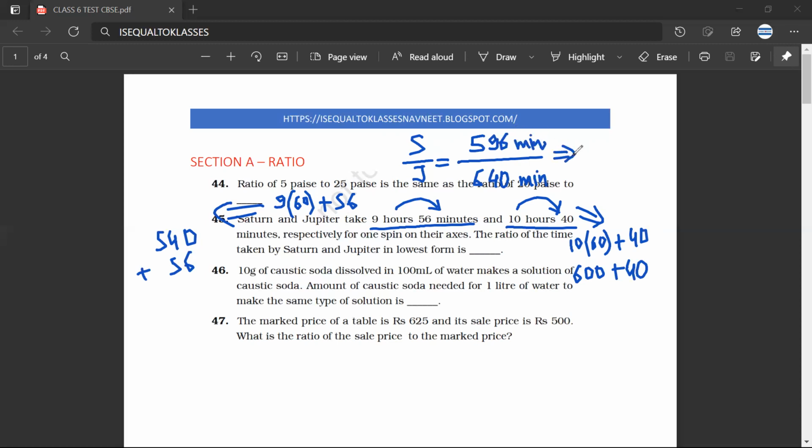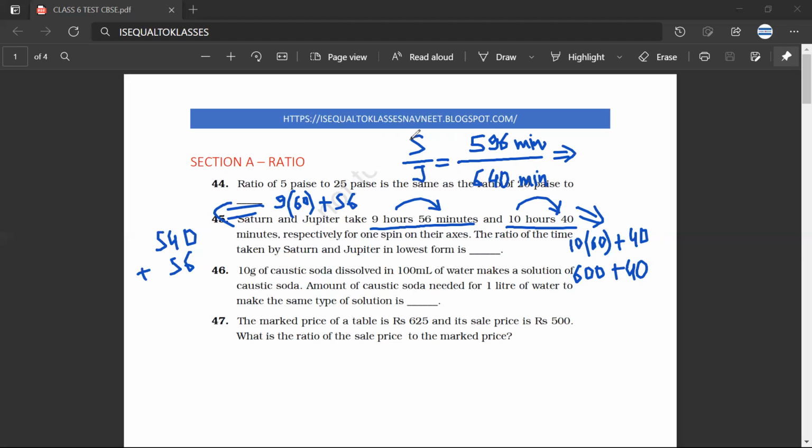And what should I divide both by? So you can divide both by 2. Any bigger number that I can divide by? 4. Any other bigger number?